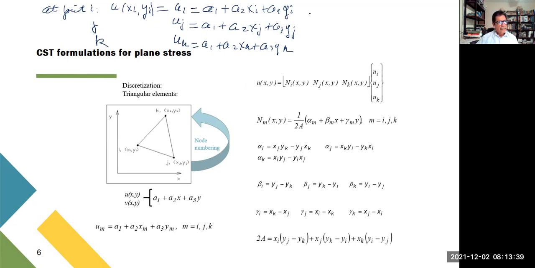So from here, you have three unknowns, A1, A2, and A3, in three equations. So you find A1, A2, and A3.